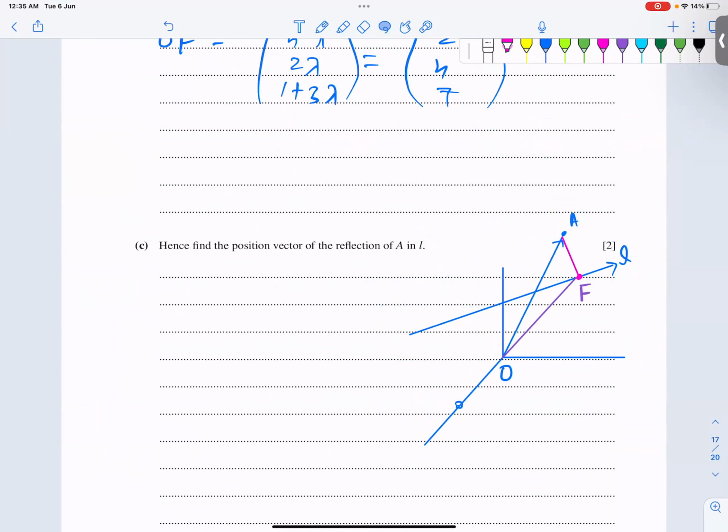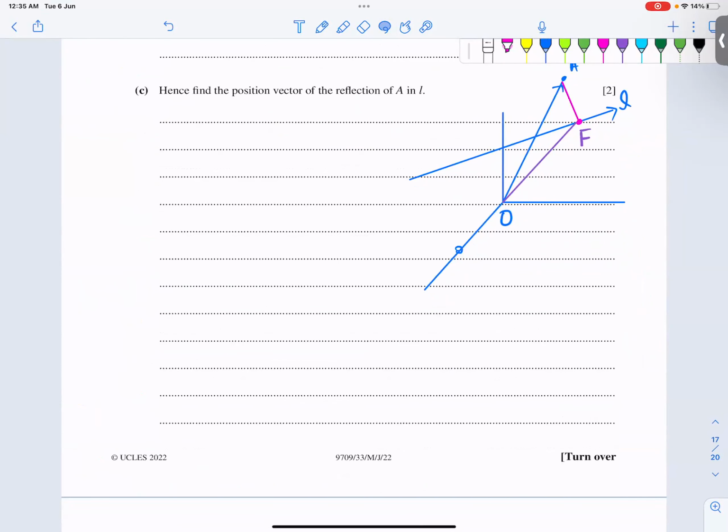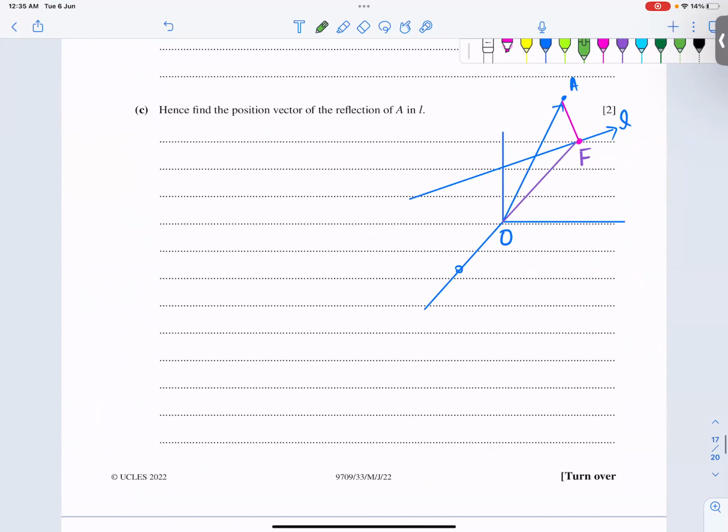Now we need, hence find the position vector of the reflection of A in L. So if you reflect this point A in L, you will find another point. Let's say here is the point A prime, and then you will join it with O. Now, let me tell you that OA prime, the position vector, this is actually the question now.